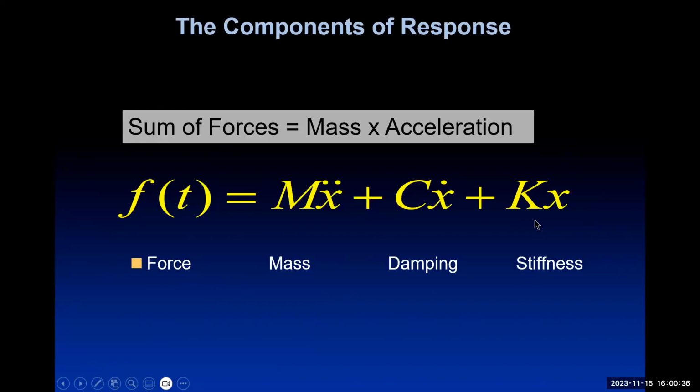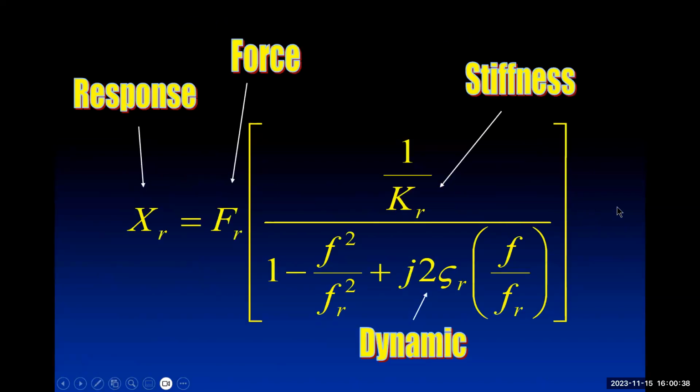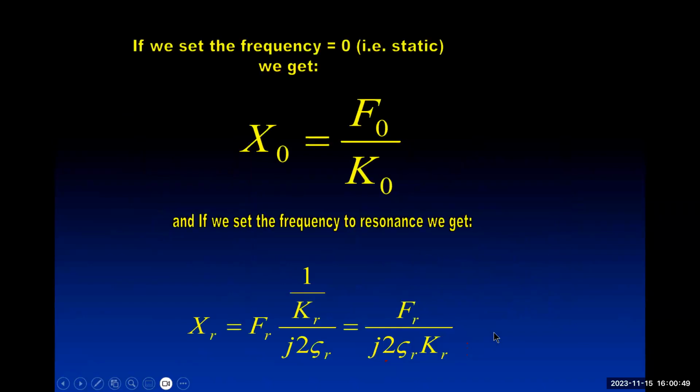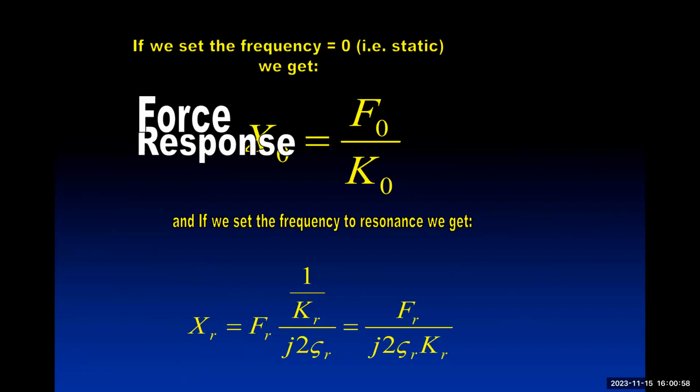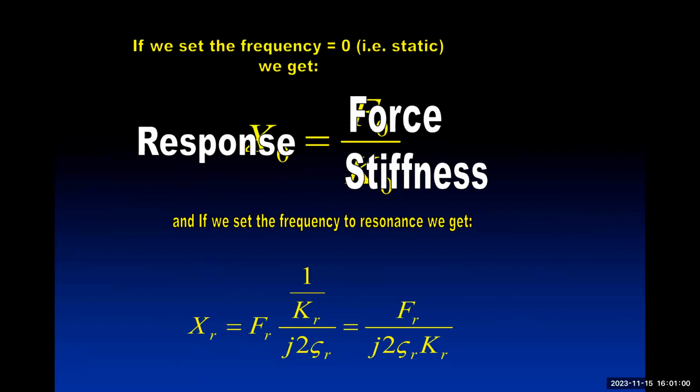So if we use these, then we look at the response, we take the force, and we have stiffness, and then we have a dynamic component here. In other words, if we set the frequency to 0, we have the static case. We get the response is the force divided by the stiffness, which we're all familiar with. We all did it in university with our laboratory experiments.